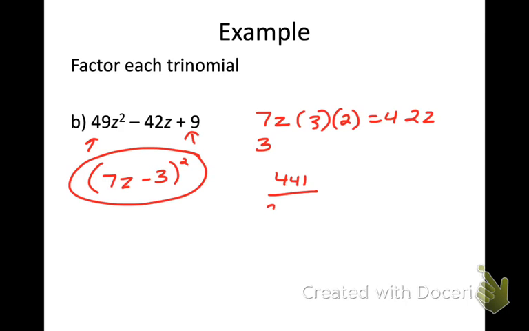Yeah, 21 and 21. Both need to be negative. Put them over 49. So reducing that, take out 7, so it'd be negative 3 over 7, negative 3 over 7, which would get us the 7z minus 3 twice, right?